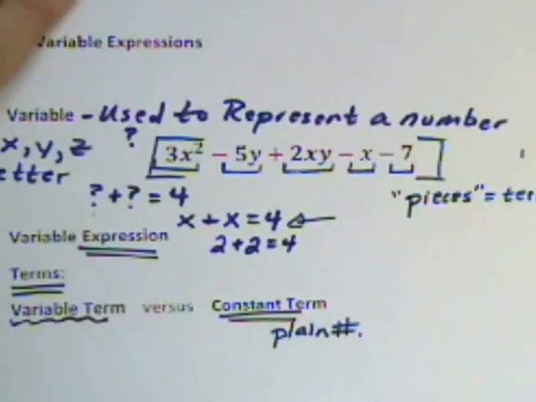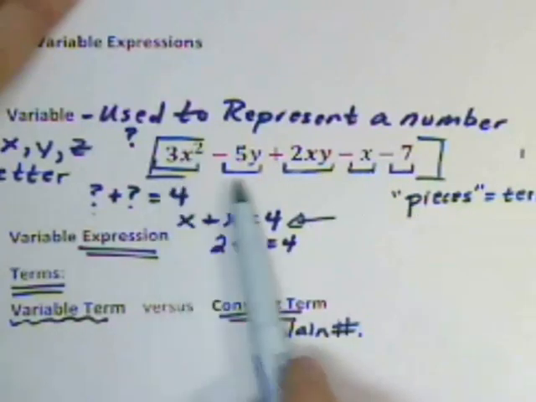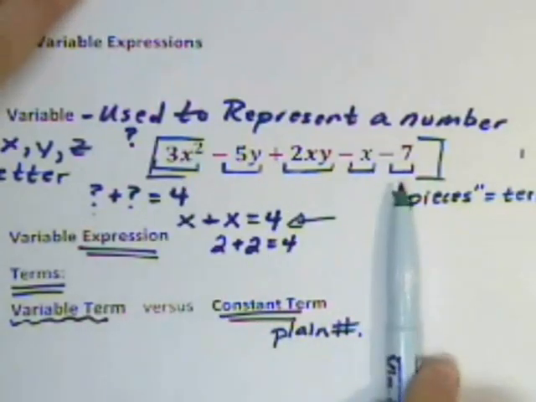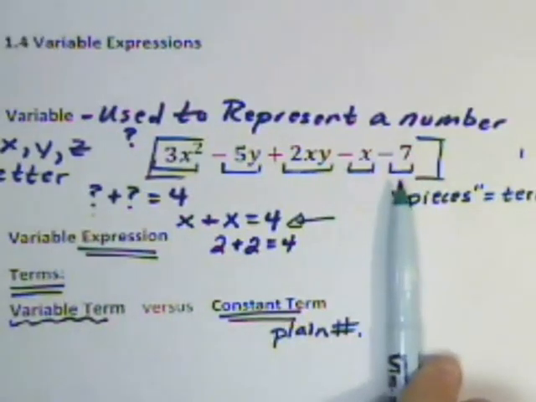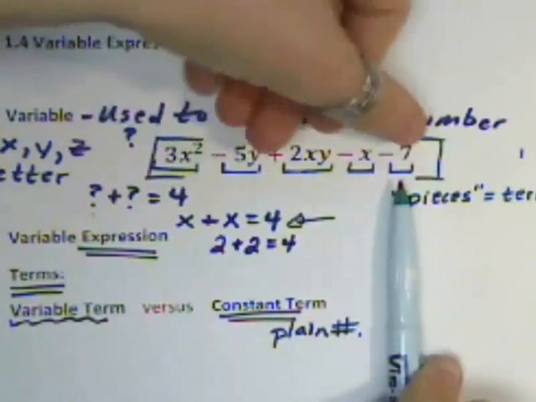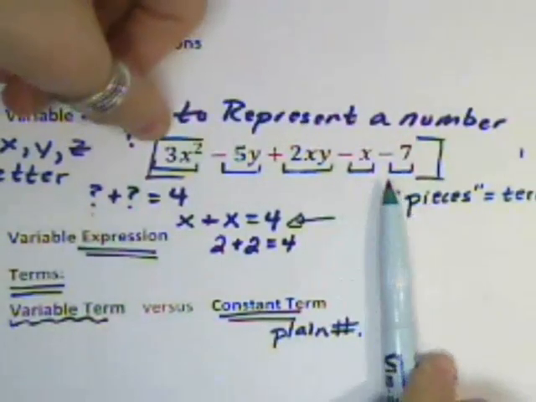In fact, in business classes, you'd probably say it's a set cost, something that's not going to change. Your rent every month is probably not going to change because it's always the exact same fee. So it's important in these expressions and later on equations where we start putting in the equals to notice things like this, to notice that there are numbers like the negative 7. No matter what x and y are in this situation, 7 is 7. It's not changing.